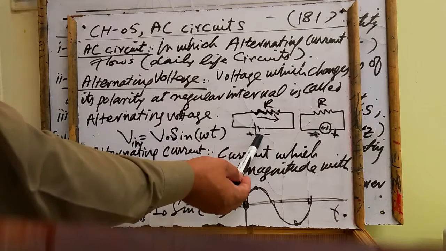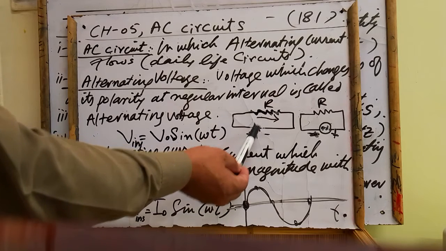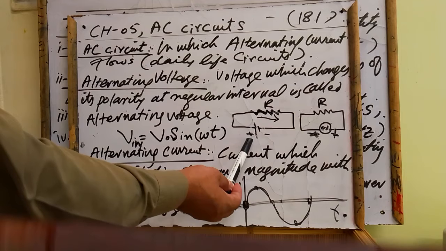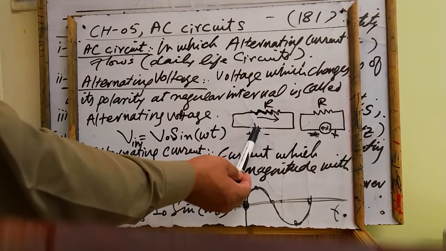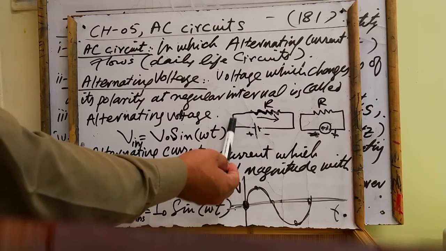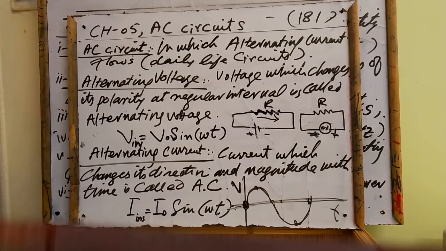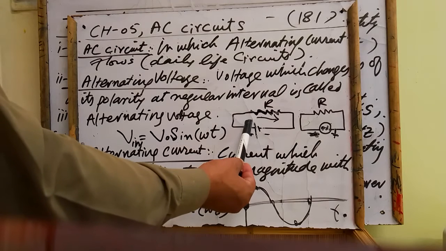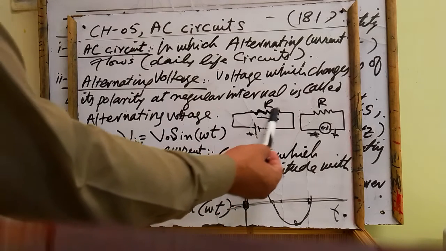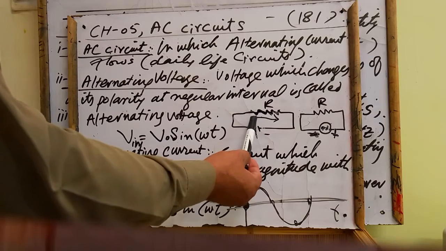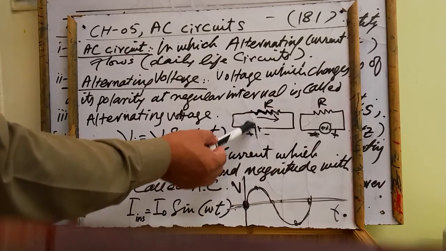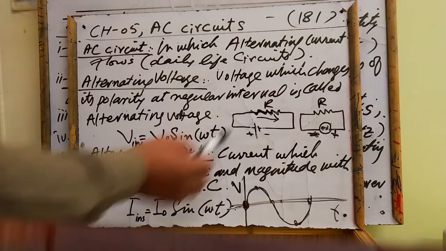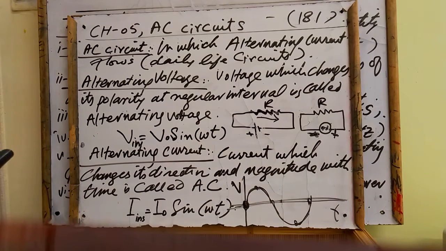One is this DC source, a direct current supply, which has a fixed positive and a fixed negative terminal, and the current will always flow from positive to negative. If the current is taken to be conventional, it starts to flow from the positive to the negative terminal of the battery. It is also a unidirectional current or a direct current. The source of the direct current is a direct voltage source, which produces the current in a single direction.